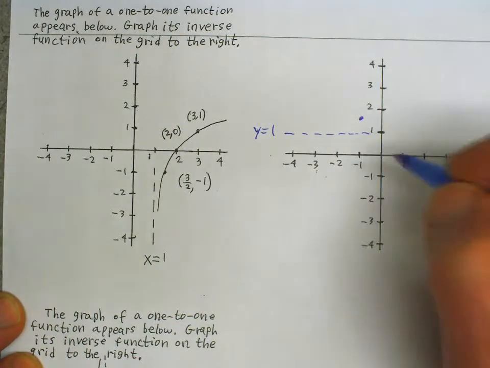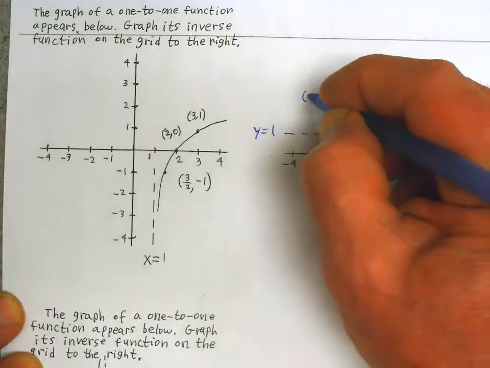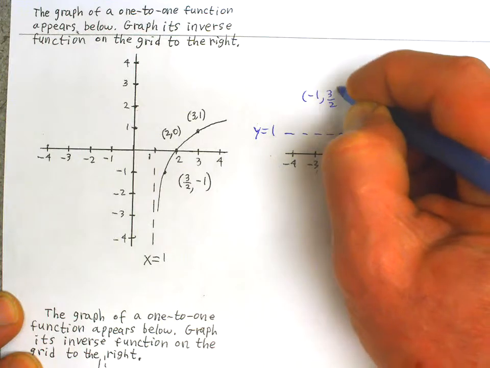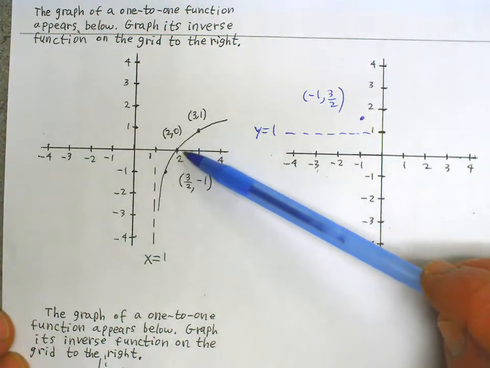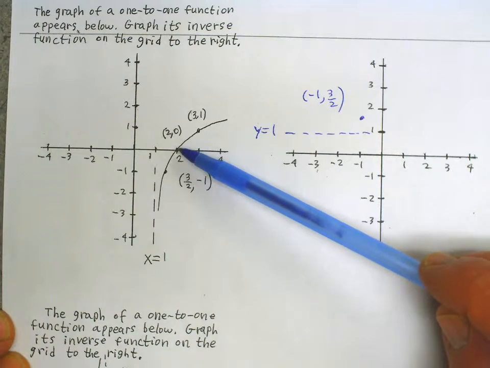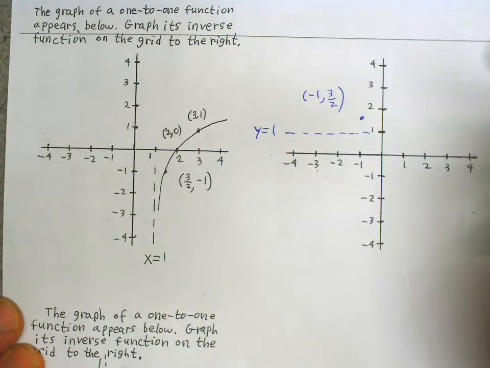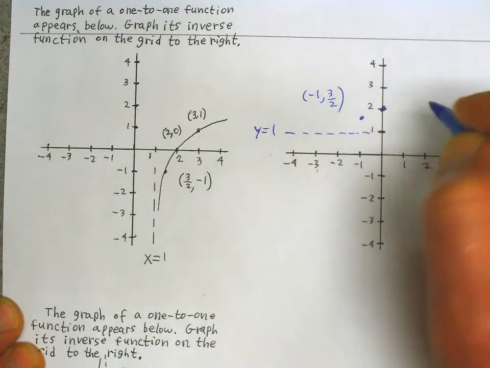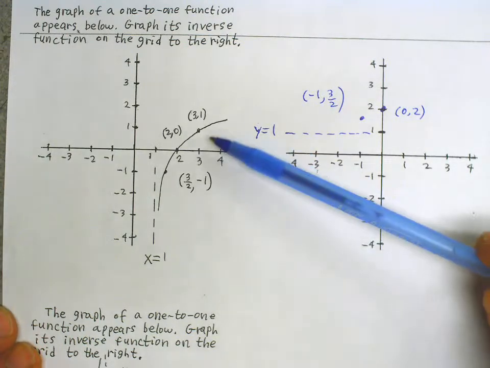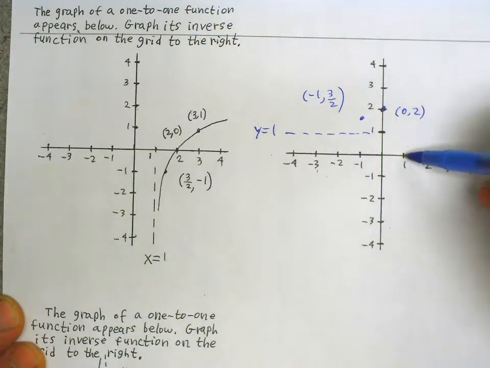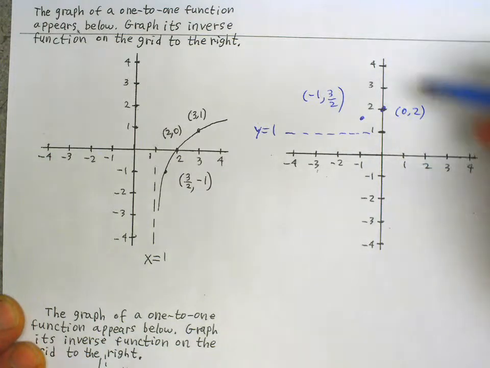Another point on the graph of the original function is the ordered pair 2, 0. So on its inverse, we have 0, 2. And then on the original function, the point 3, 1. So that means on the inverse is the ordered pair 1, 3.